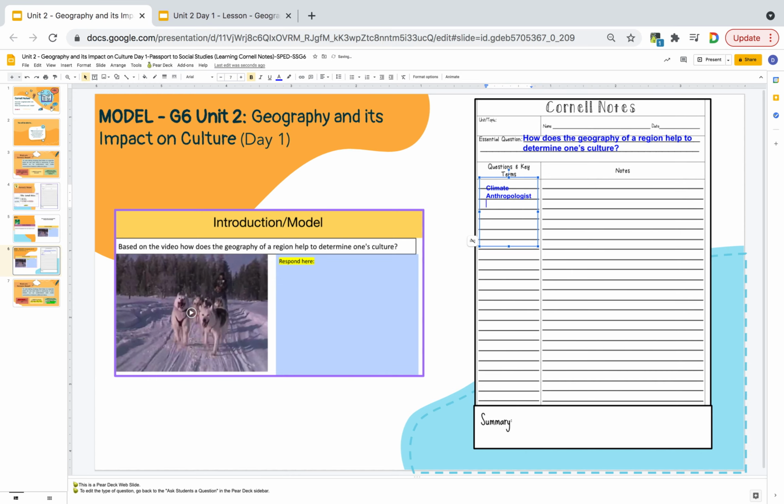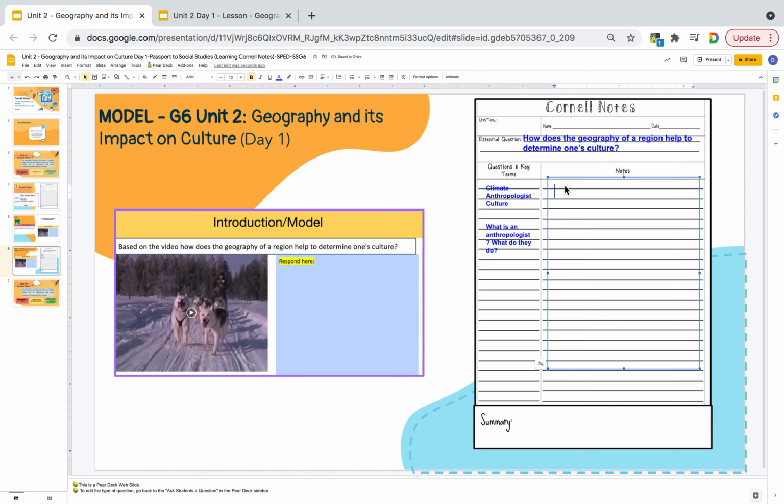I also heard the word culture, which is what we're studying. And some questions that popped up for me while I was looking at the video was, what is an anthropologist? What do they do?